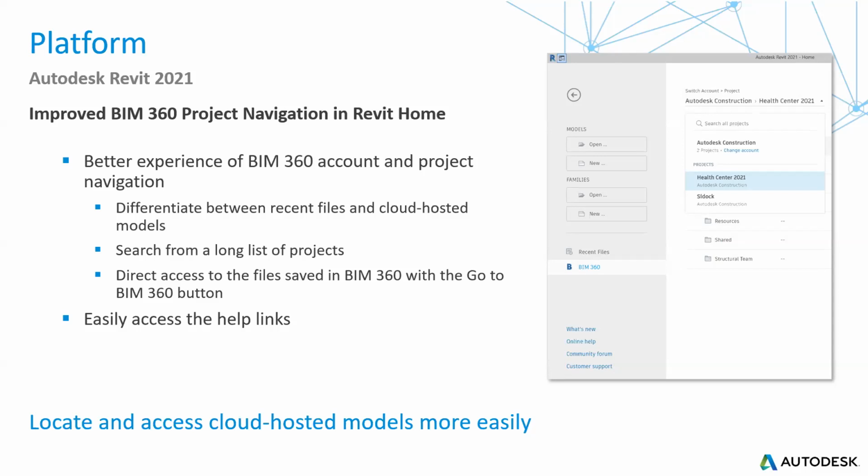We have the Go to BIM 360 button, and I feel it's a handy shortcut to access the projects that are on BIM 360 directly. There are help links that are easily accessed from the bottom left portion of the screen. The Revit home experience has been significantly improved in Revit 2021 for projects hosted on BIM 360.